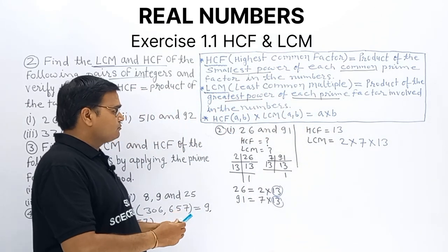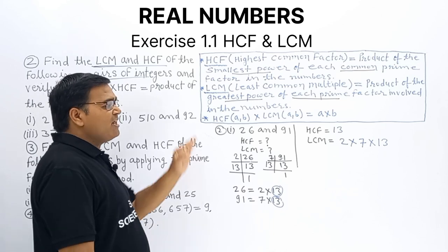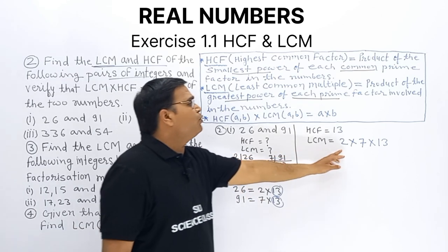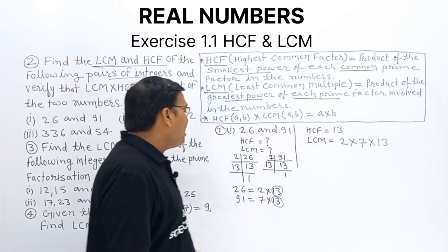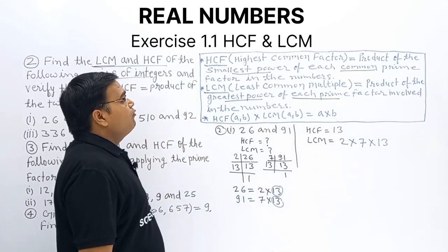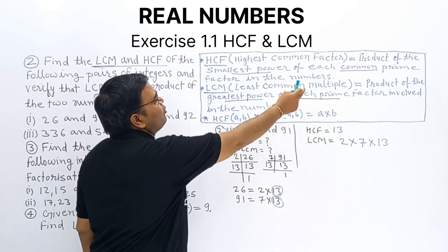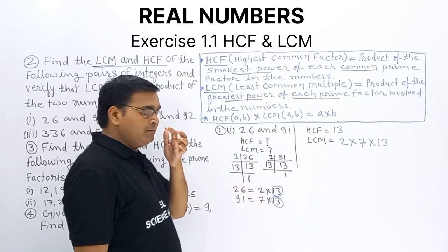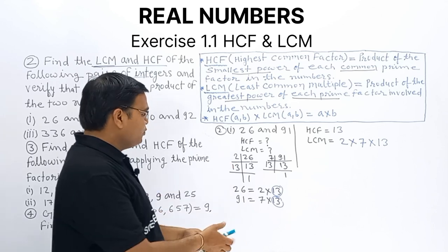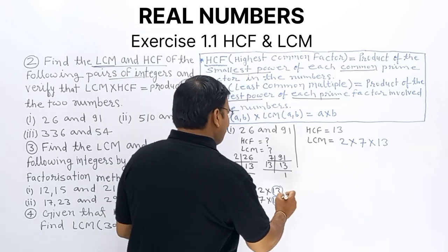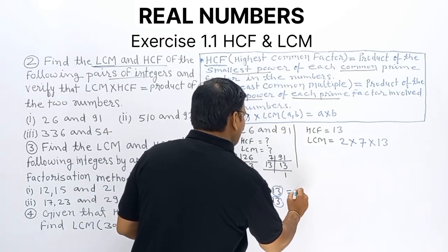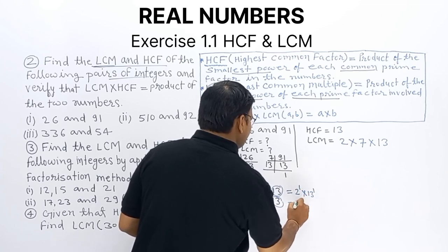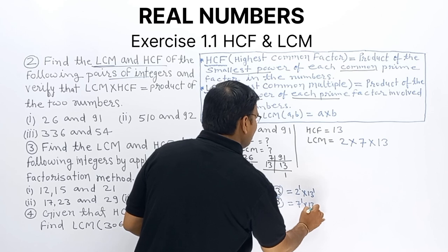Now, each prime number involved in these numbers is 2 into 7 into 13. Now the power. What power? The greatest power of each prime number. 2 is used one time, so we will use 1. We can also write it in prime factor form: 2 power 1, 13 power 1, 7 power 1, 13 power 1.